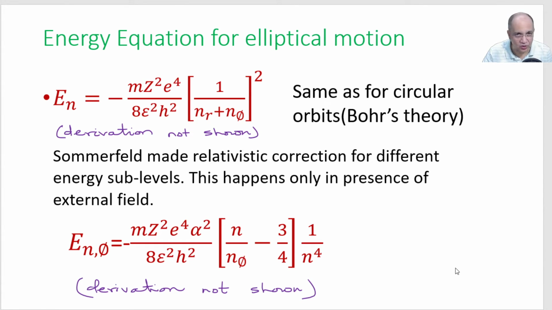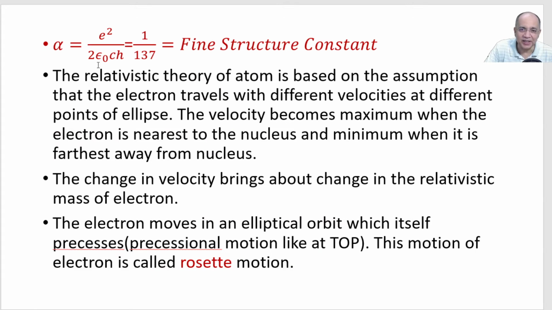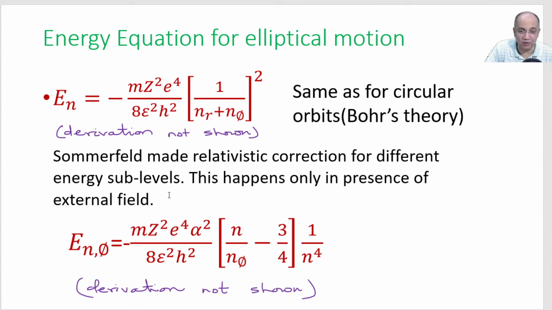Here also I have deliberately avoided the long mathematical derivation of this equation, but you can find it in a physics source on the internet if you are interested. So this alpha, the new term here, is called the fine structure constant. That was the proposal of Sommerfeld.